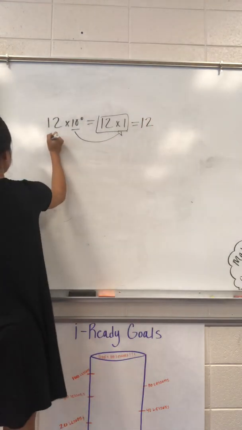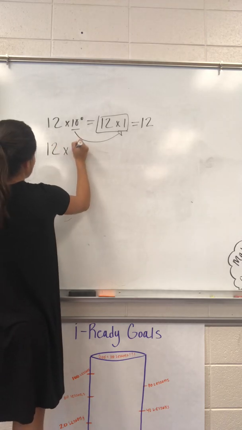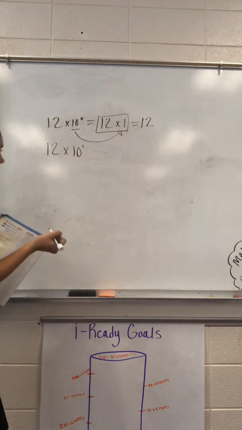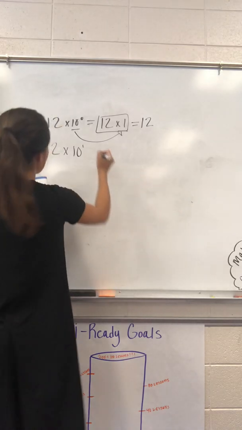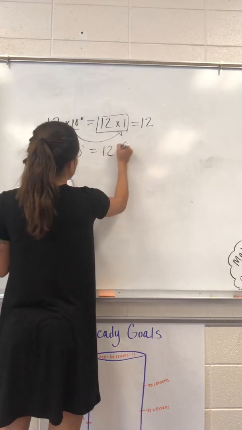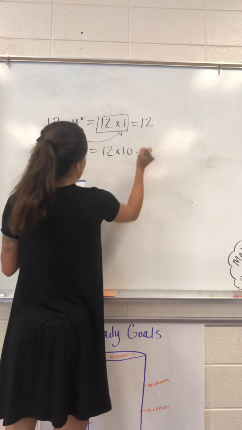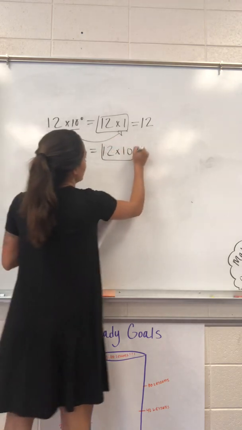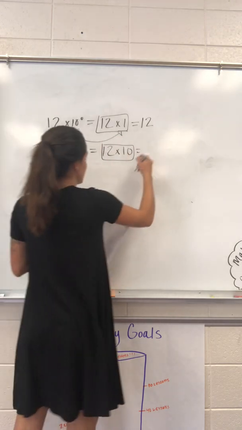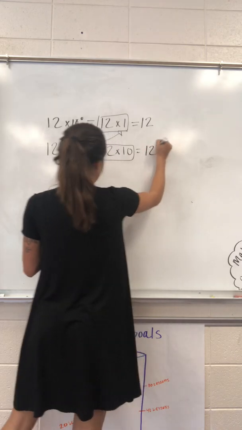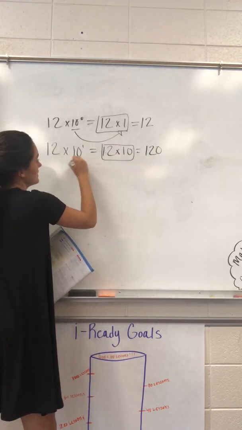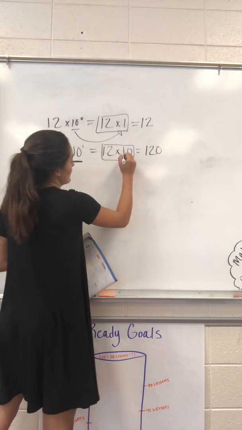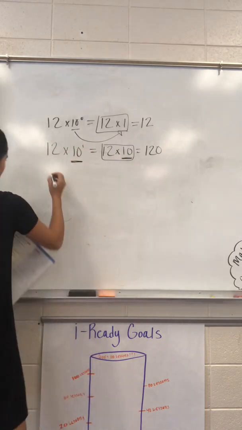Okay, let's go to the next one. We've got 12 times 10 to the power of 1. So 10 to the first is just 10, right? Equals 12 times 10. So go ahead and solve this. 12 times 10 is 120. So you see that this 10 to the first power is the same as this.